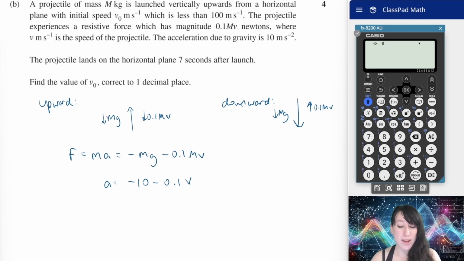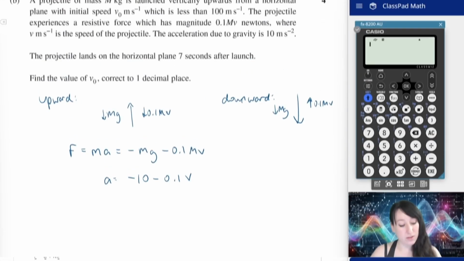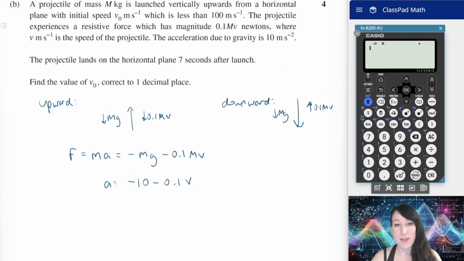Now, we want to know what is the maximum height of the projectile so we can use that in its downward journey. On the formula sheet, we can see the acceleration is v times dv dx, which will allow us to get an expression in terms of v and x. And we're going to use that because we know that the maximum height occurs when velocity is 0. So if we have that expression in terms of v and x, we'll set v to 0 and solve for x.